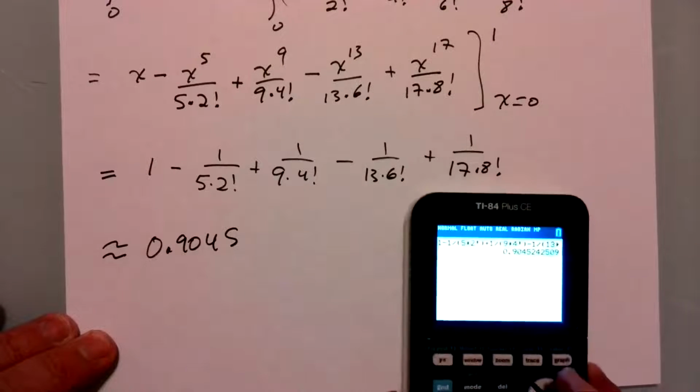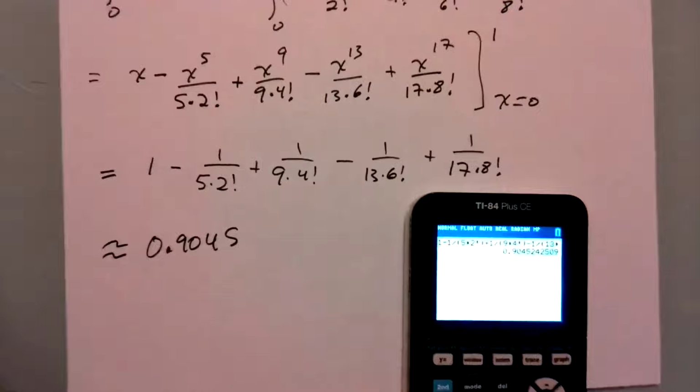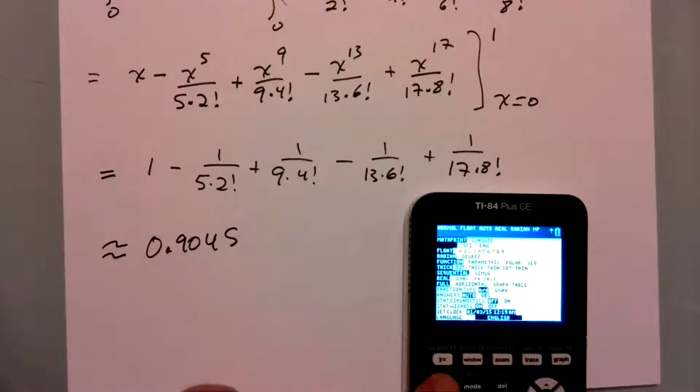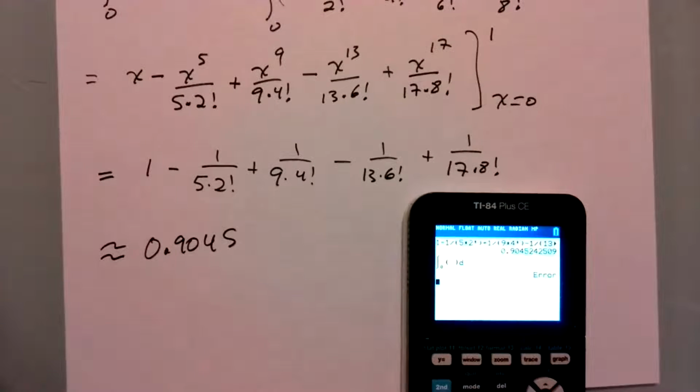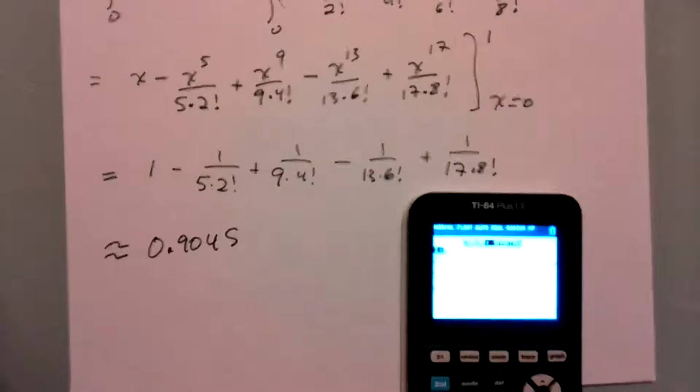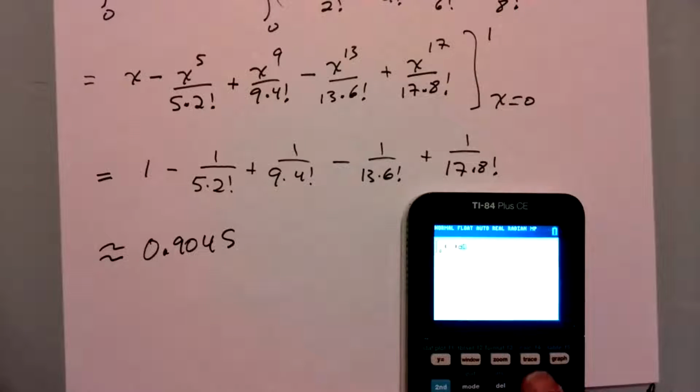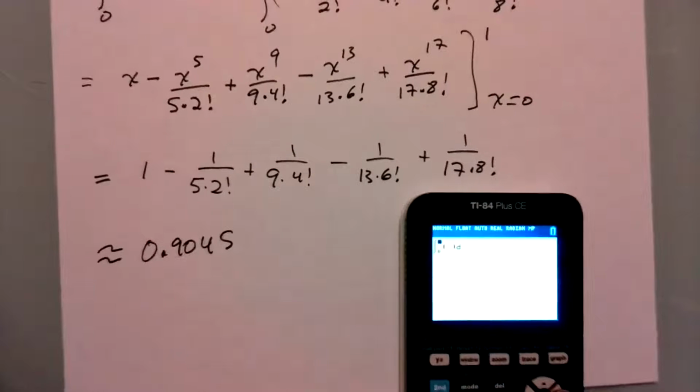Now I will actually ask the computer to do that integral for me, making sure I am in radian mode, which I am. Math, numerical integral, from 0 to 1 of cosine of x squared, and then put a parentheses there.